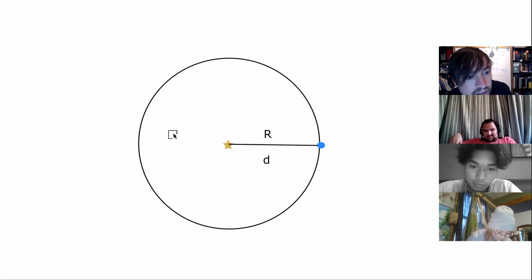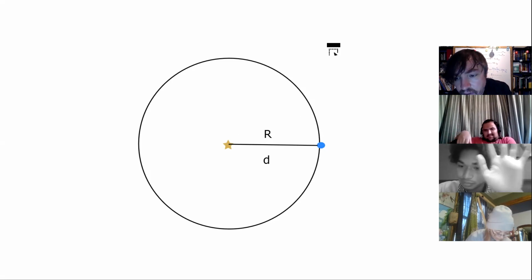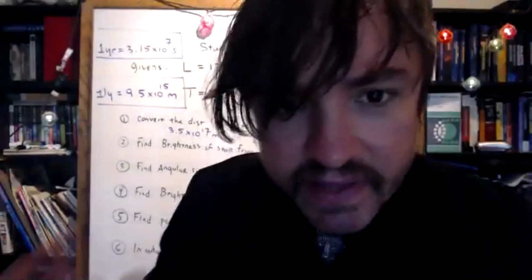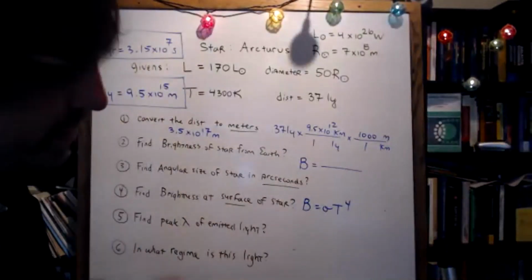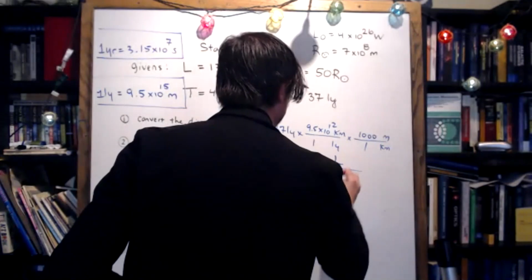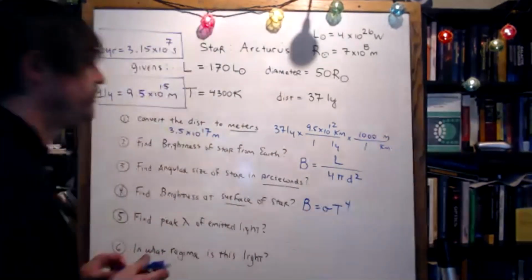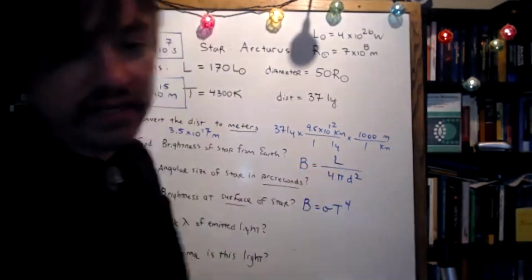Blair, let me just keep it simple in the interest of time. D and R are kind of the same thing. You just have to deal with it, okay? L over 4 pi d squared is how I would have considered it. What units do I want for L and D, class?